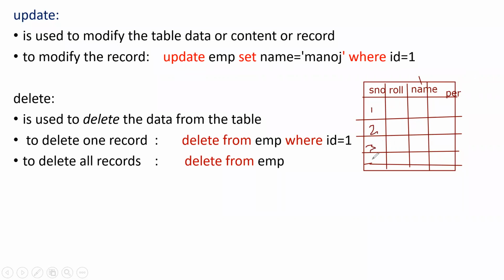The serial numbers are 1, 2, 3, and roll numbers are A1, A2, A3, A4. Names: Rajesh, Mahesh, Suresh, Prakash. Now percentage: 96, 90, 89, 55.